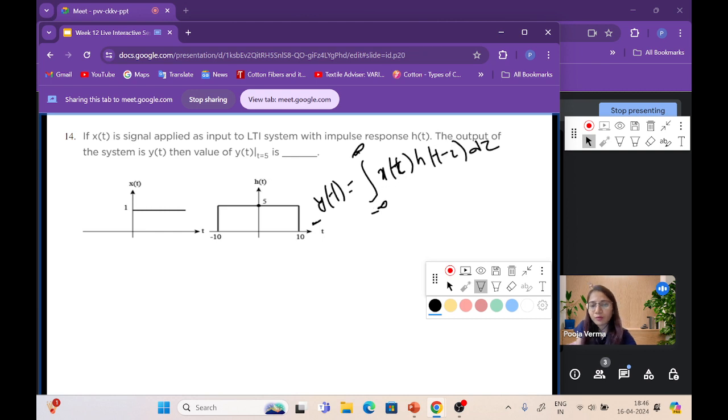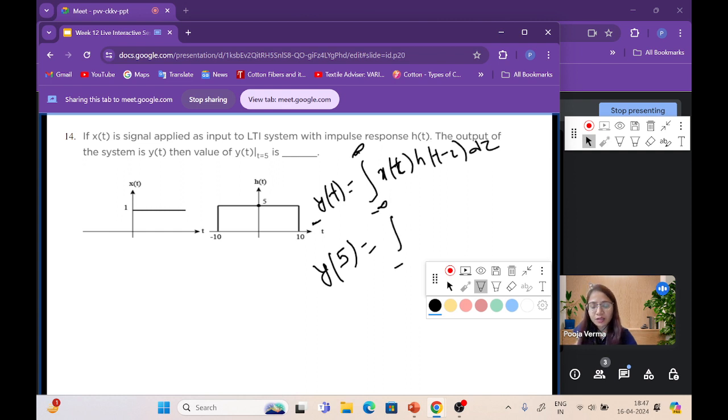From this formula we need to find out the value. As we know, we need to find it at t equal to 5.